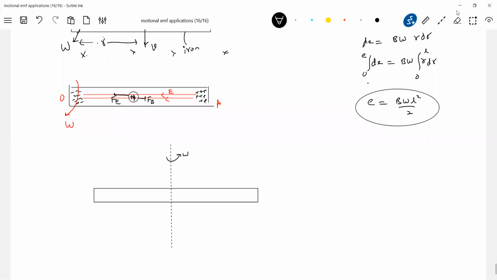And how is the magnetic field? Uniform magnetic field directed in this way. So let the length of the rod be L. So this is the point O, P, and let this be Q.